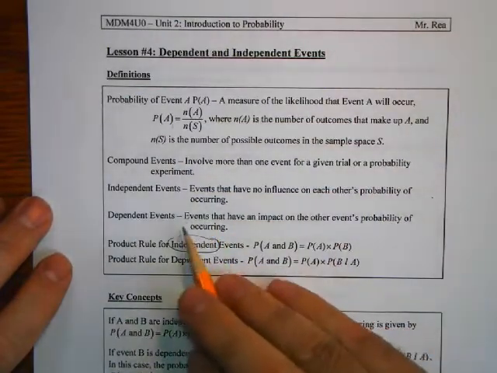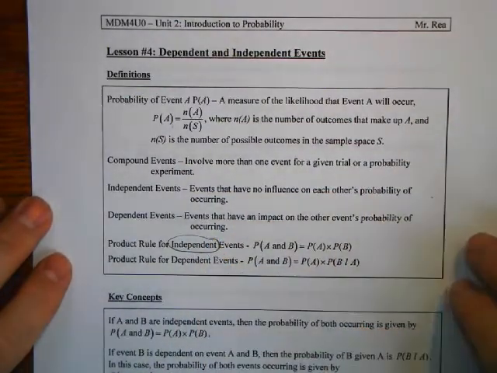Now, if you have dependent events, they have an impact on each other's probability of occurring. A good example of that would be if the first event is choosing a 7 from a deck of cards, and the second event is choosing a second 7 from that deck. You can see that the probability of choosing the second 7 will depend on whether you picked a 7 in the first event.